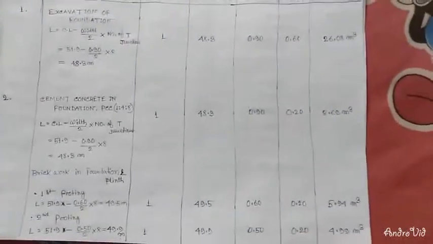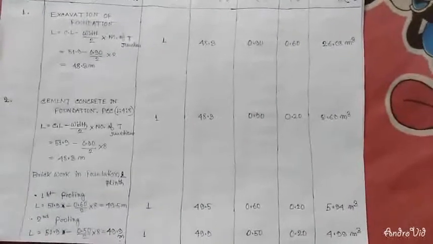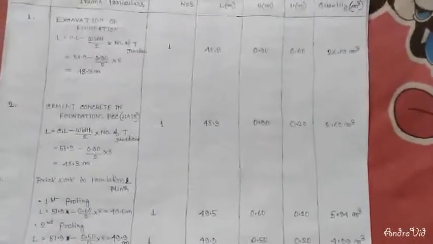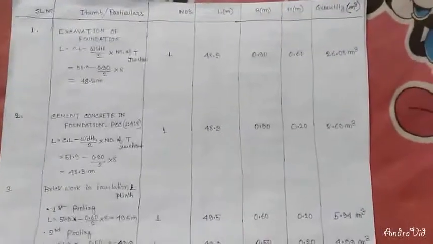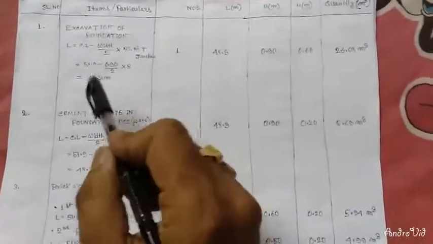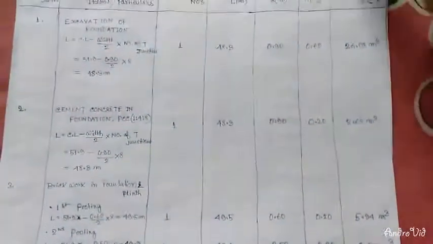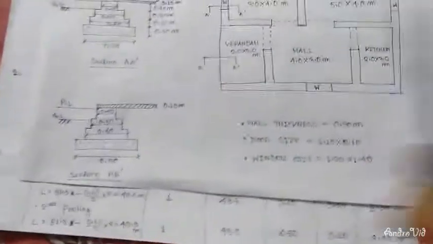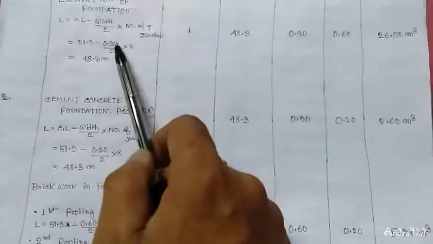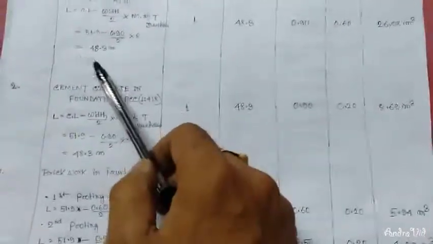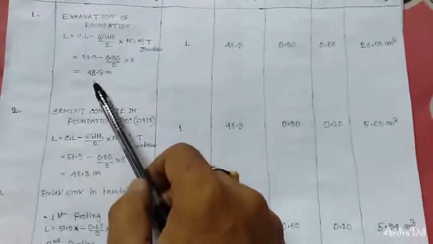Now for earthwork in excavation, we already know the length of the center line, that we have determined, that is 51.9. So here we have to write 51.9, and the width of the foundation is 0.90. So here we write 0.90 by 2 into the number of T junctions, we know that is 8. So this is our length of the excavation of foundation.